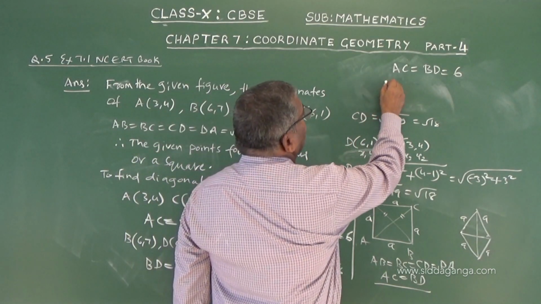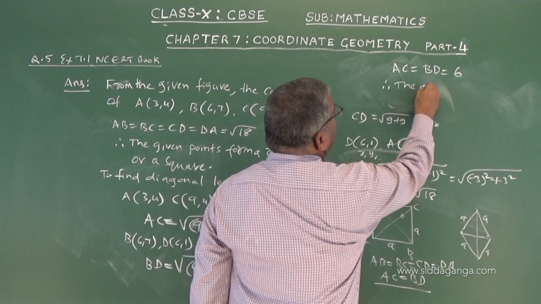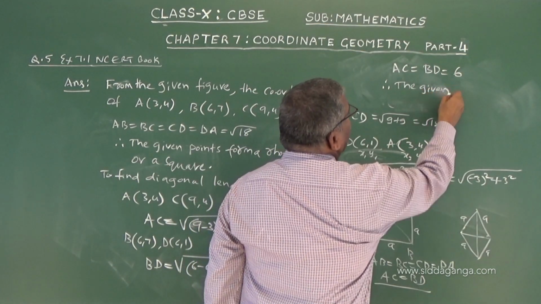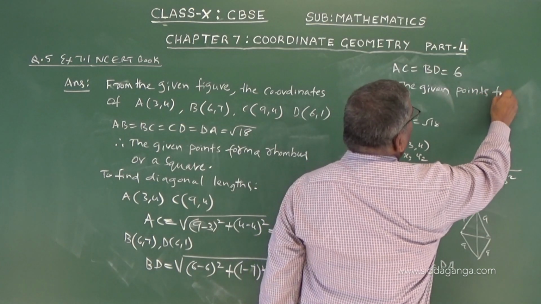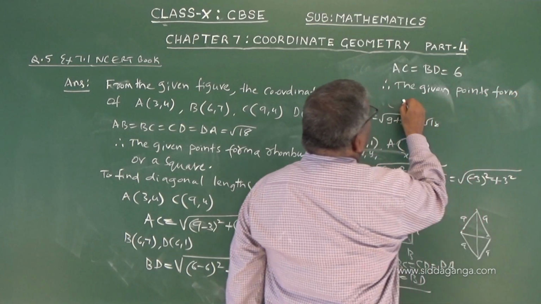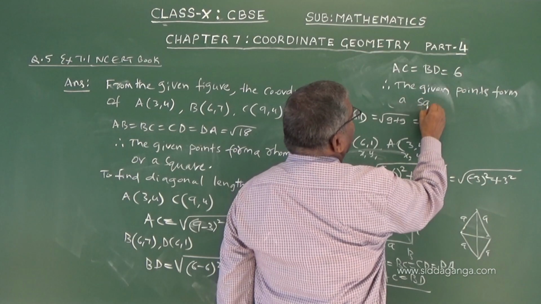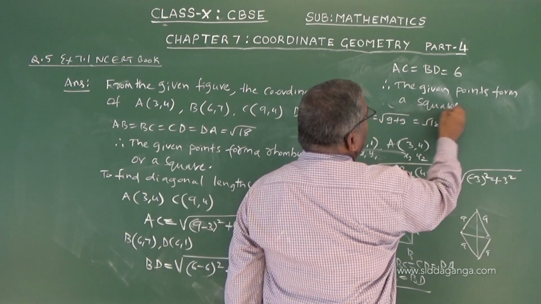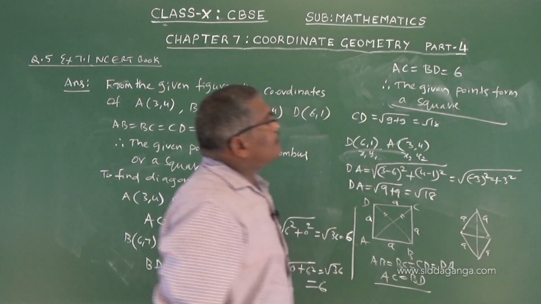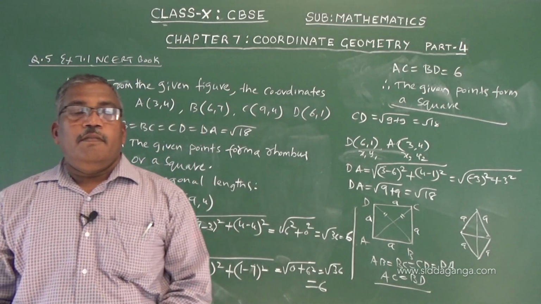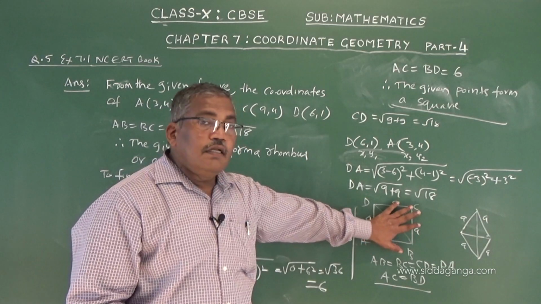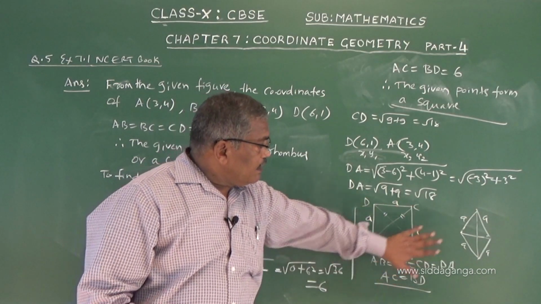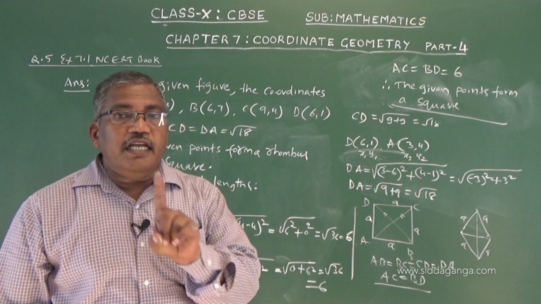Therefore the given points form a square. So remember here, if only the four sides are equal and the diagonals are not equal, then it is a rhombus.